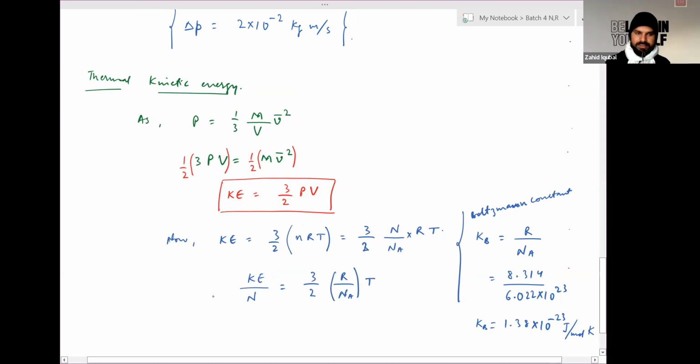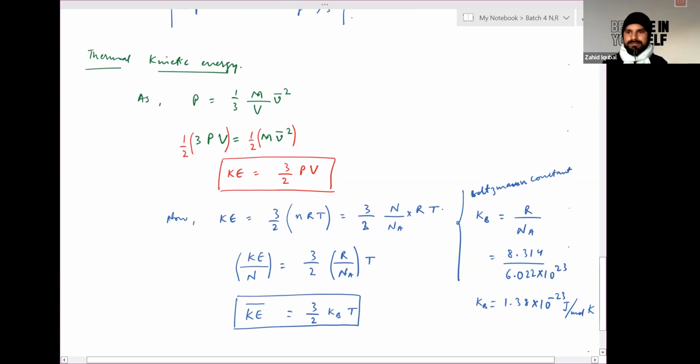So this quantity, kinetic energy divided by number of particles, is also termed average kinetic energy. So kinetic energy with a bar equals 3 by 2 R by Na, which is Kb, multiplied by T. So this is the average kinetic energy of a particle due to temperature. Raza, is it clear? Yes, sir.